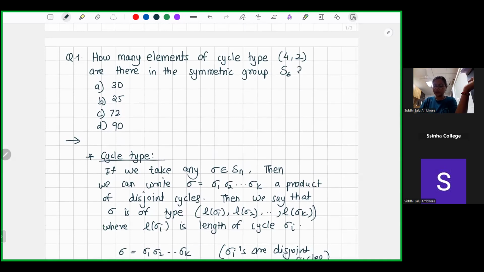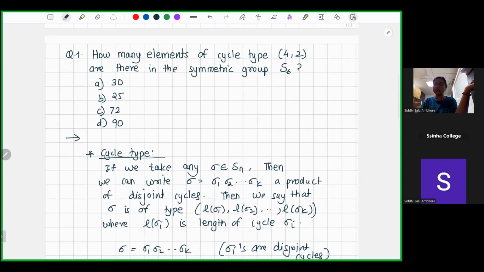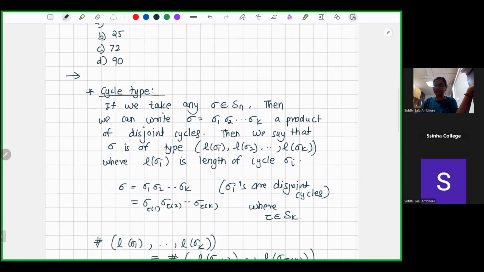Now we go back to our question: we have to find the number of elements of cycle type 4 2 in S6.